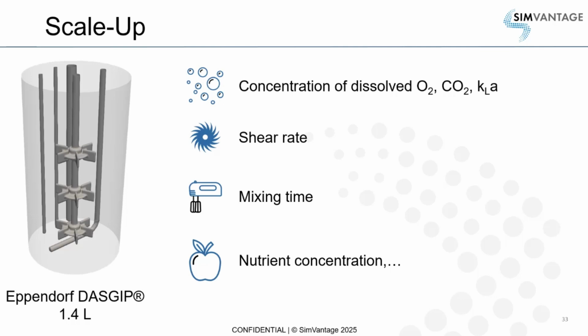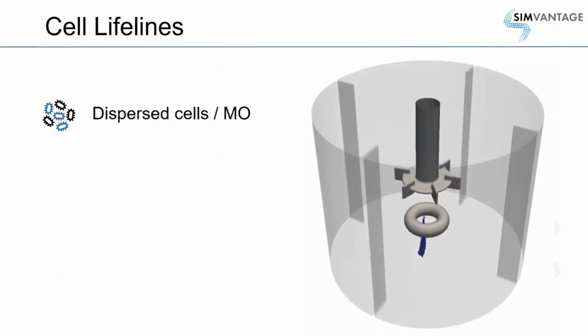For the scale-up, you can have various different parameters and also parameter combinations, like the concentration of oxygen at the cell's location, the kLa value of the reactor, the shear rate distribution, the mixing time, nutrient concentration, whatever you can imagine, as a scale-up criterion. For this example, I would like to use the shear rate, but as I said, the workflow is the same if you use other parameters or combinations of parameters.